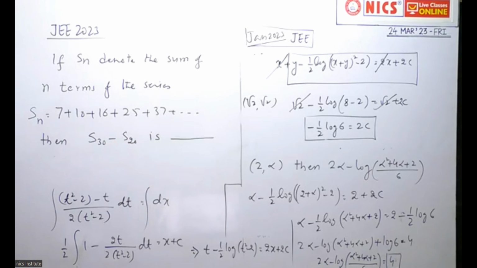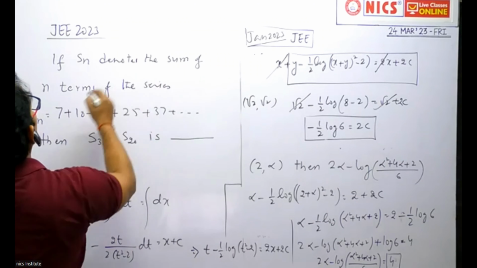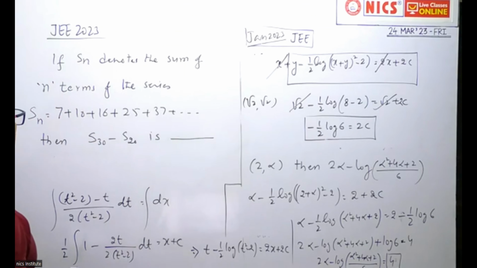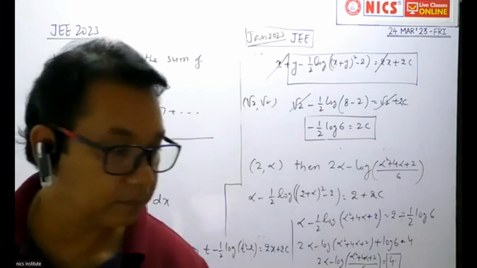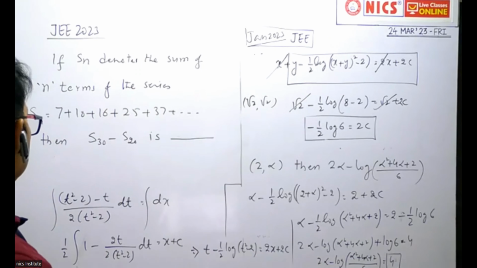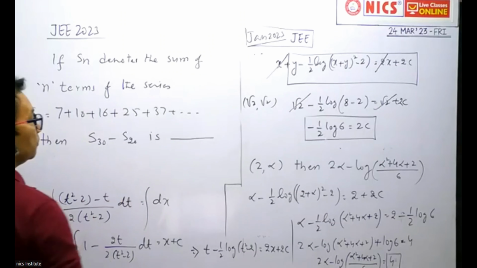Sn denotes the sum of first n terms of the series 7 plus 10 plus 16 plus 25 plus 37 and so on. Then what is S30 minus S20?